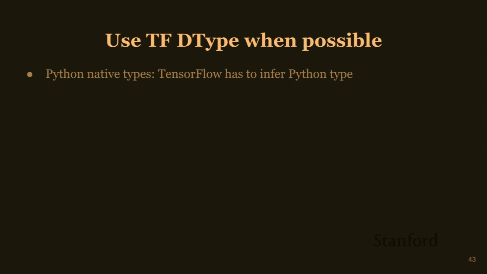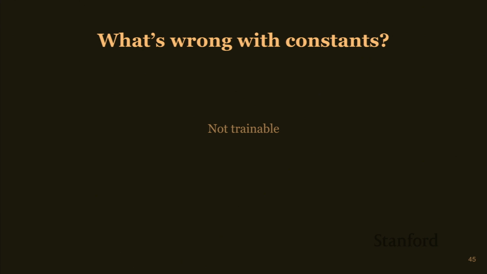So always try to be as specific as you can. And with NumPy arrays, one big problem is that it's not distributed. So if you want to make the computation GPU friendly, working on GPU, or distributed, then you should probably use TensorFlow types instead.